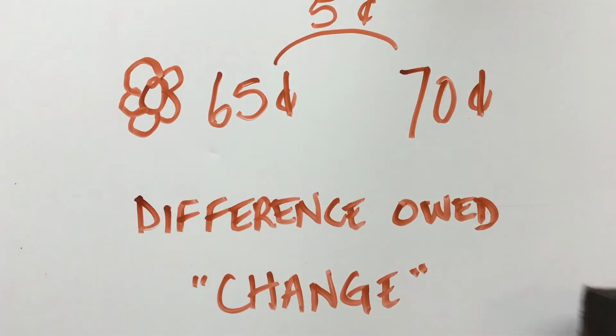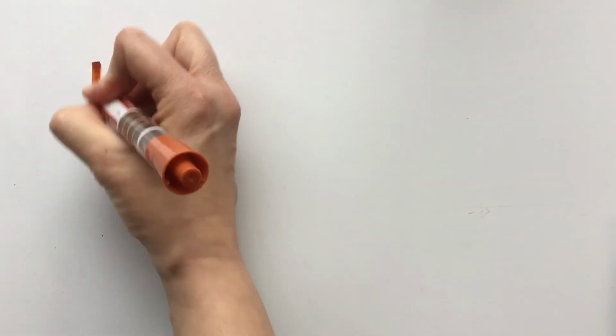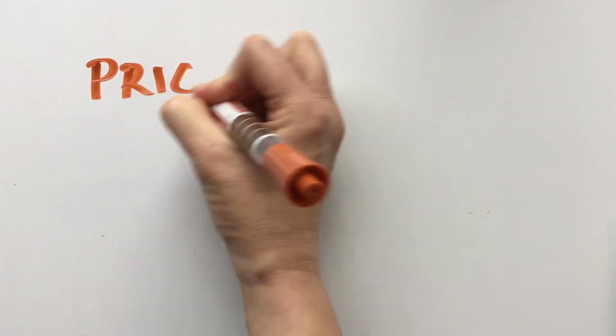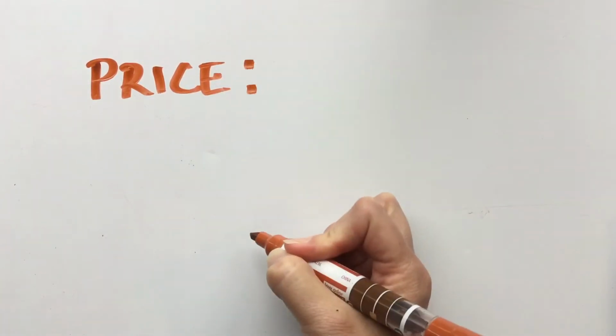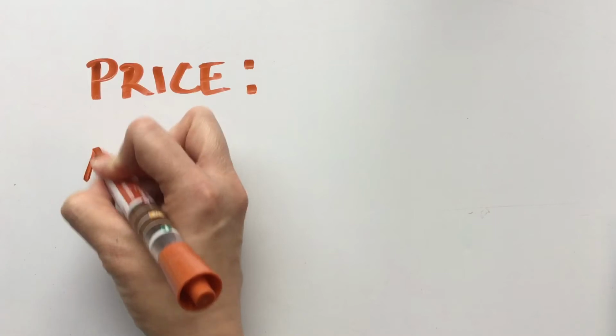Okay, let's take a look at a few more examples of that. So again, we're talking about change or difference owed today. Okay, I'm going to write down a price of an item here. So I'll just put price. And then right underneath, I'm going to be putting amount paid.